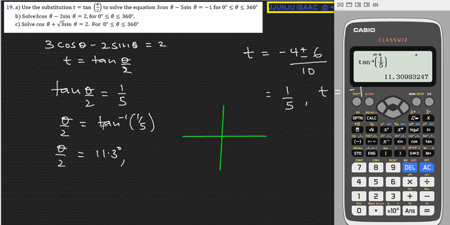So let us see other angles. We are interested in where tan is positive. Tan is positive in the first and in the third quadrant. So if this is 11.3, another one is going to be 180 plus 11.3, which is 191.3. Of course, when we multiply with the 2, it will be in the range.